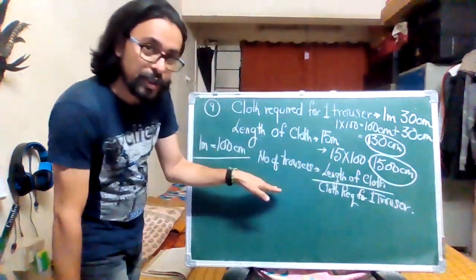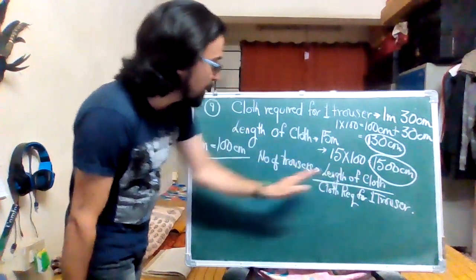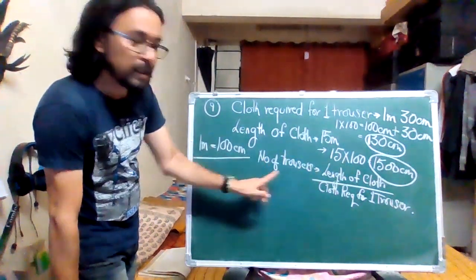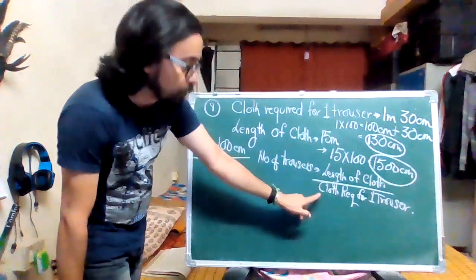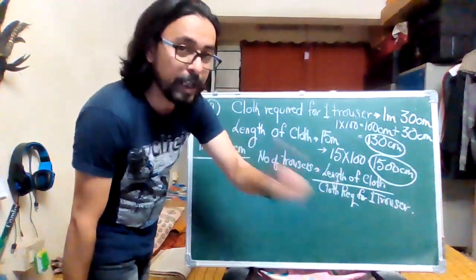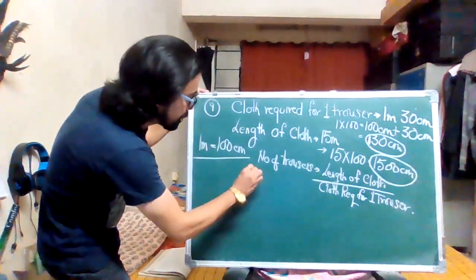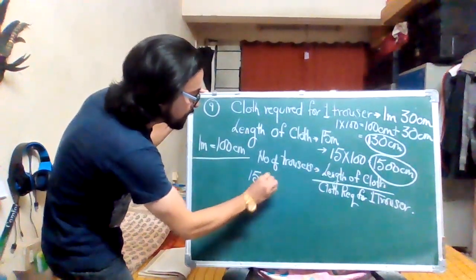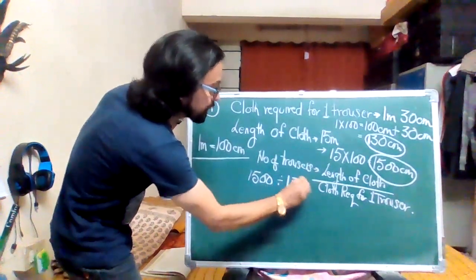When we put a division bar, you can also put a division sign. This is just to tell you how you will get the number of trousers. That is, the length of the cloth has to be divided by the length of cloth required to make one trouser. Now I will write it as 1500 divided by 130.